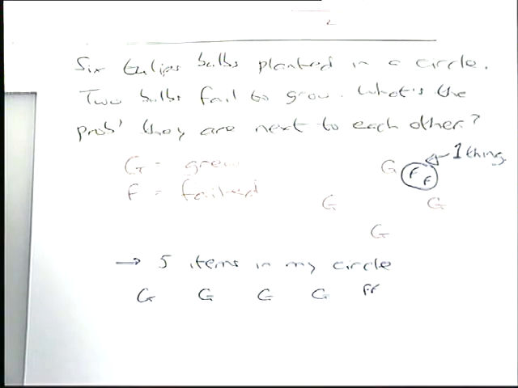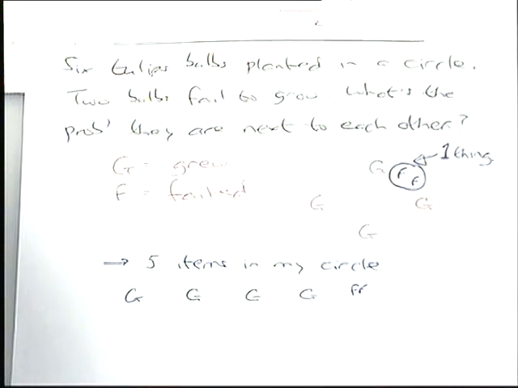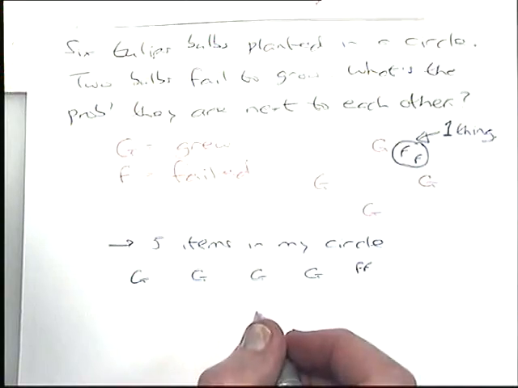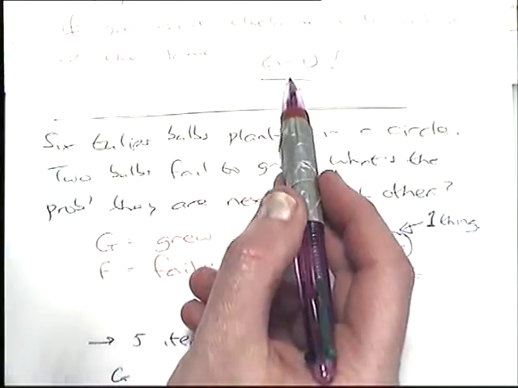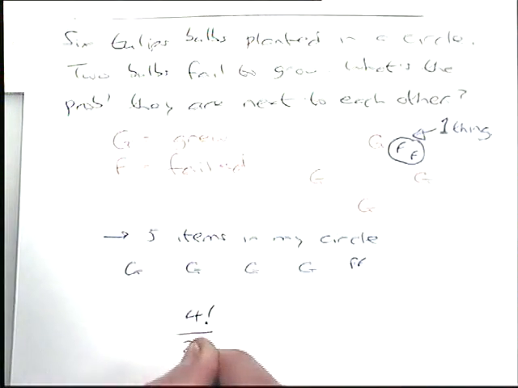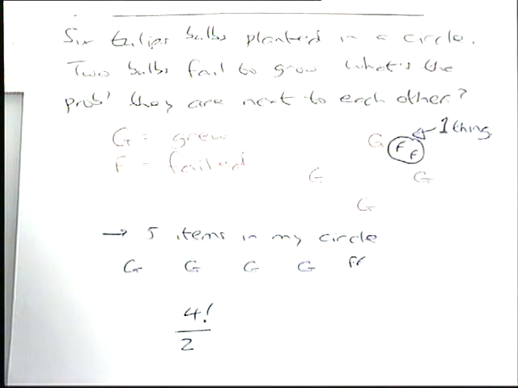How many ways can 5 things be arranged in a circle? And the gardener's going to think clockwise and anti-clockwise are the same. Well, using this thing up here, that's going to be 4 factorial over 2, which is 12.